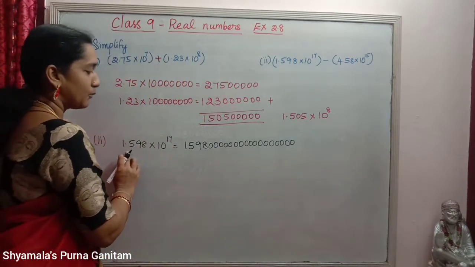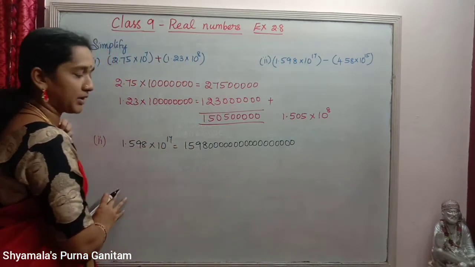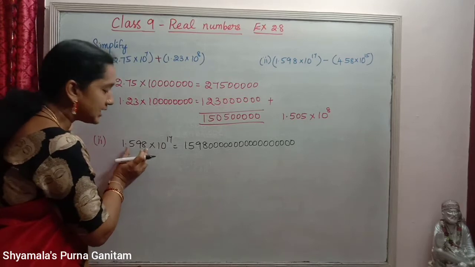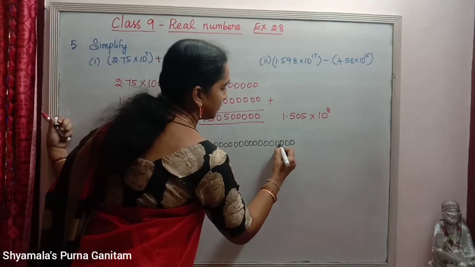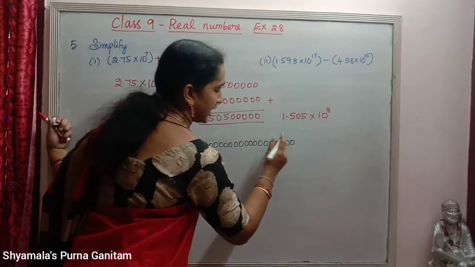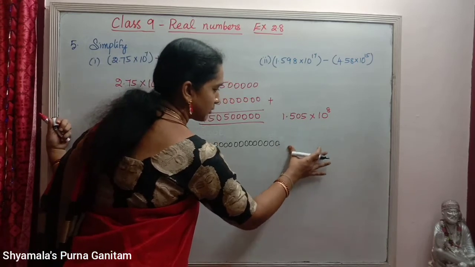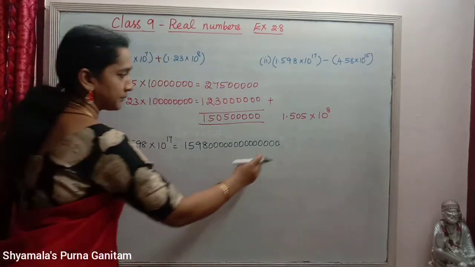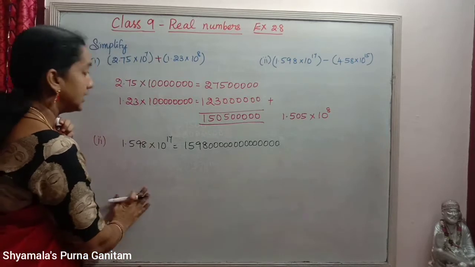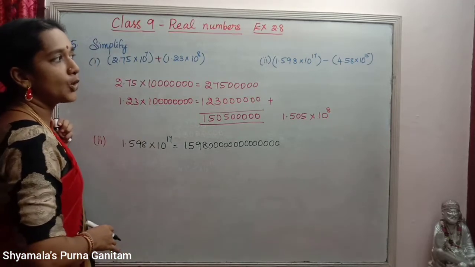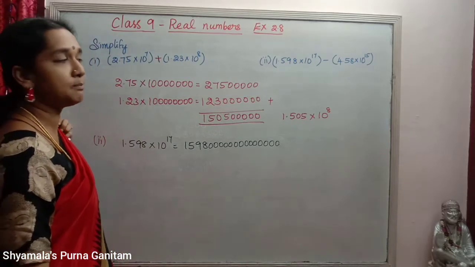Here 3 decimal places are there, so we keep the decimal point 1, 2, 3 after this, and 3 zeros will be removed. This is for the first one. Then the next one is 4.58 into 10 power 15.